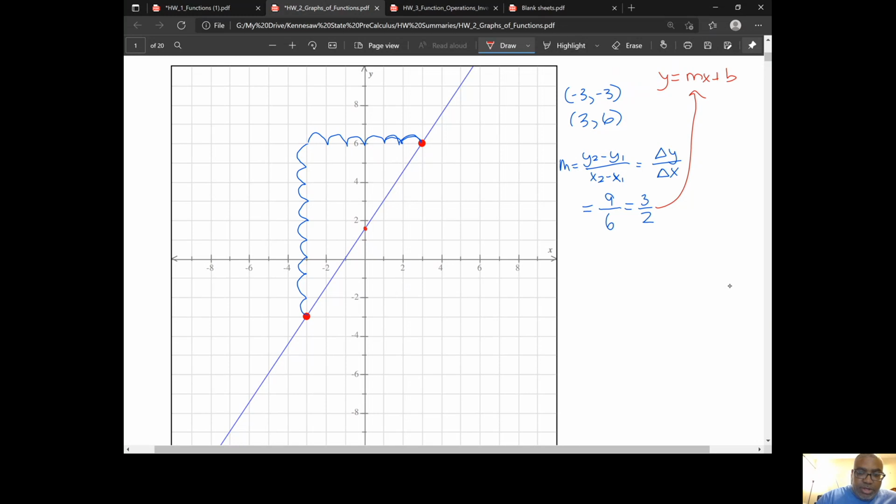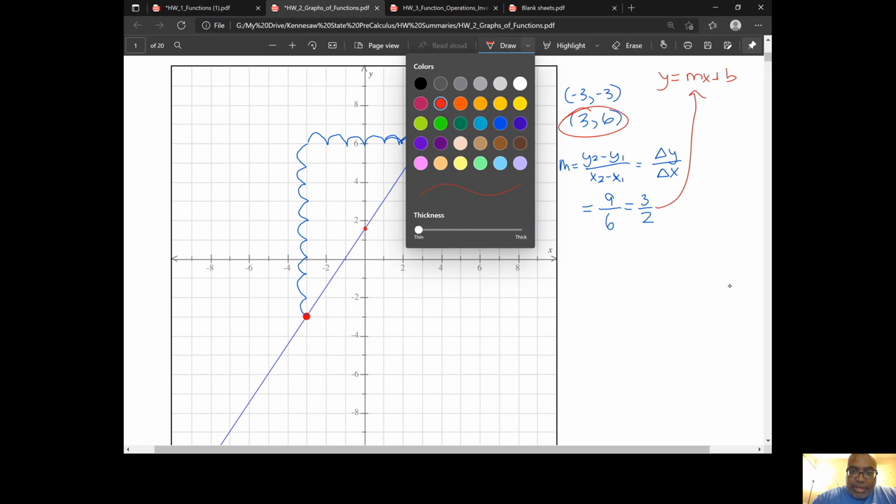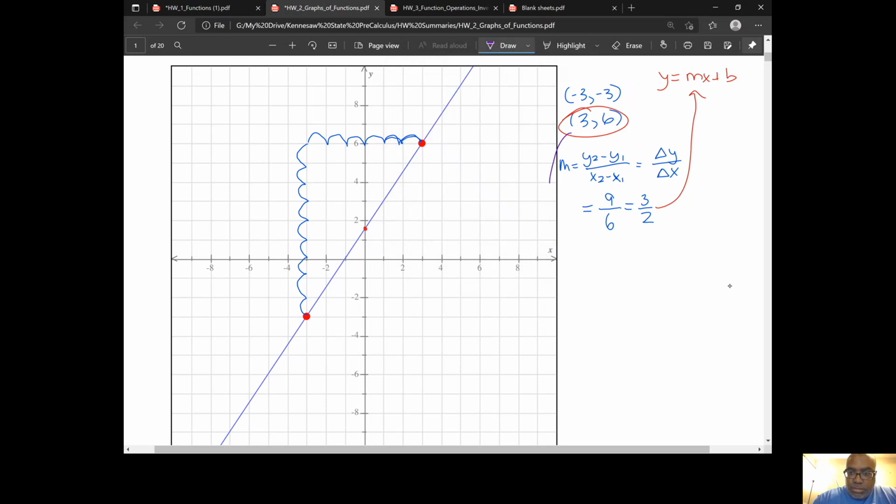So what we can do is take one of our points. We'll take our positive points and substitute it in. Let me show you what that looks like. y, which is 6, is equal to 3/2, which is our m, times our x value, which is 3, plus b.